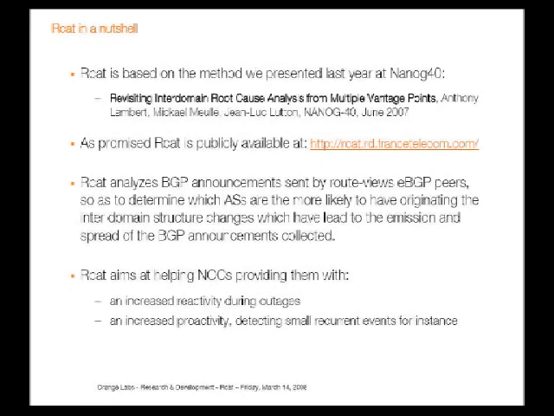Mainly it aims at helping NOCs, providing them with increased reactivity during outages or after planned maintenance, and also with increased proactivity, pointing out where the network's behaviors, such as smaller recurrent events, occur.